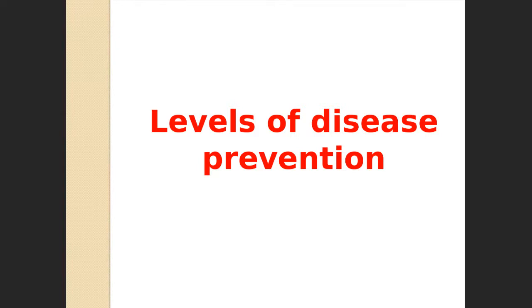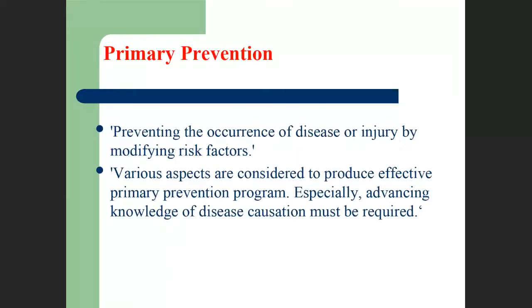ركزوا معي. Levels of disease prevention. Okay. We have primary prevention, we have secondary prevention, and we have tertiary prevention. Okay. So primary prevention is trying to what?